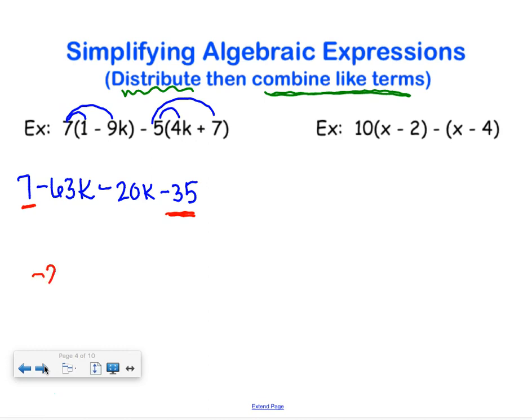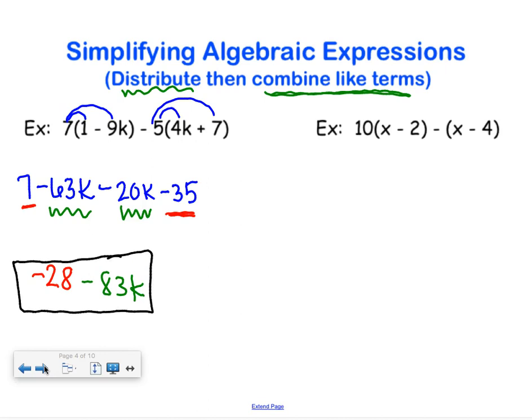That should be negative 28. And then remember, we move right along. I have a single k term, so negative 63k minus 20 more k's should get me negative 83k. And then in the end, we shouldn't be able to simplify this anymore, which we can't.